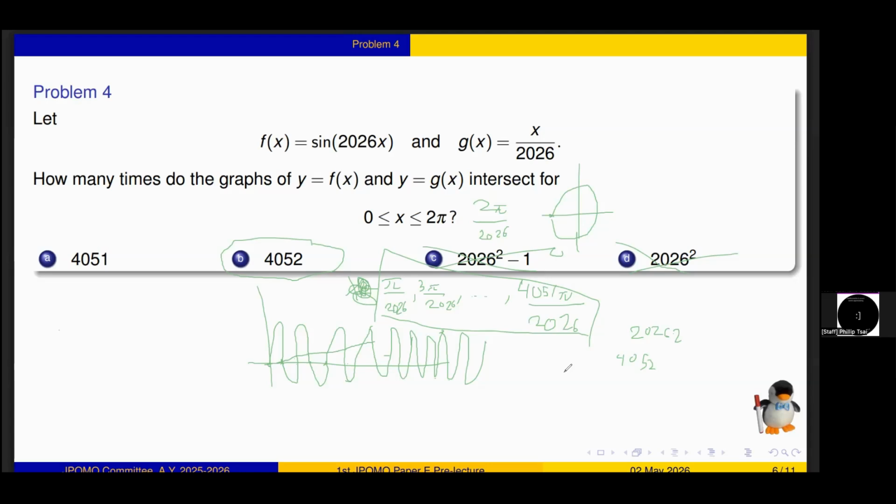Wait, what do you mean? Oh, whenever x is between an... okay, f of x.